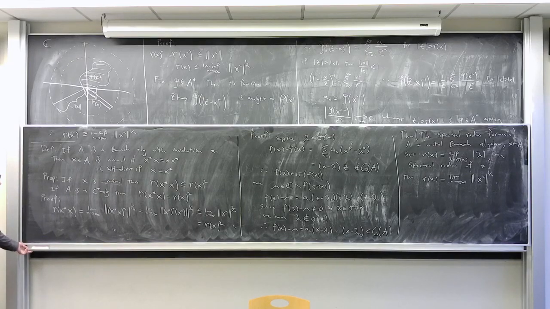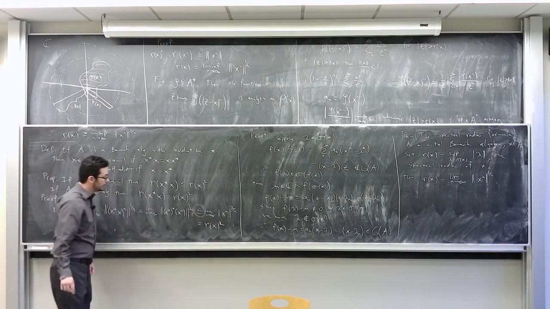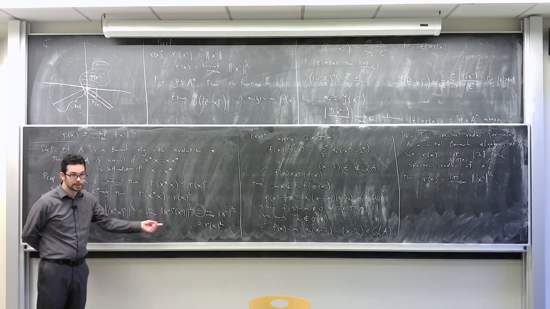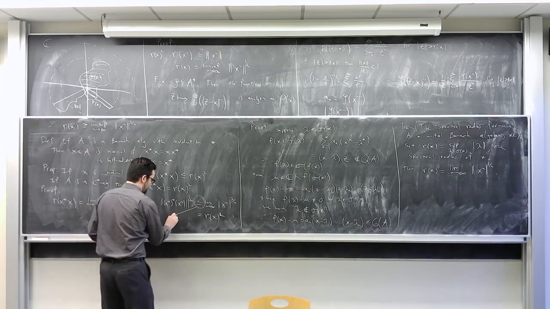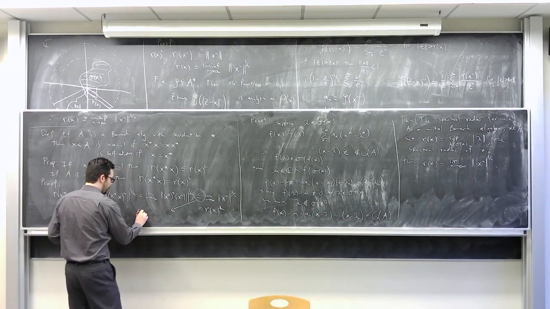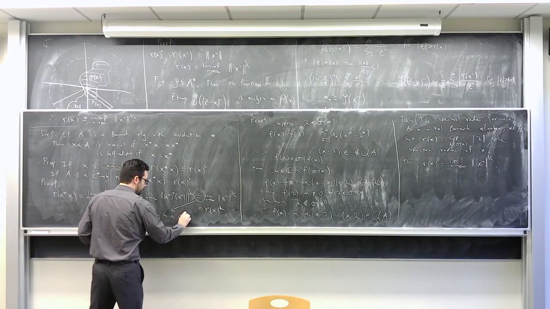Moreover, if we have a C-star algebra, then notice that here we can use the C-star algebra identity, which says we have equality here. So this is equality in a C-star algebra.